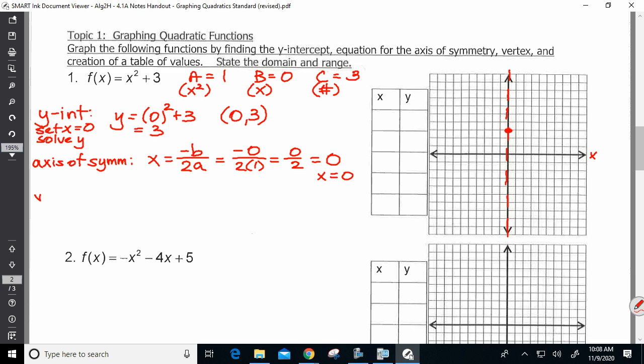Vertex. So the vertex is a point. Vertex is an actual point. The x value of the vertex is whatever the axis of symmetry was. AOS means axis of symmetry. Y value is the number you get after you plug in the axis of symmetry.